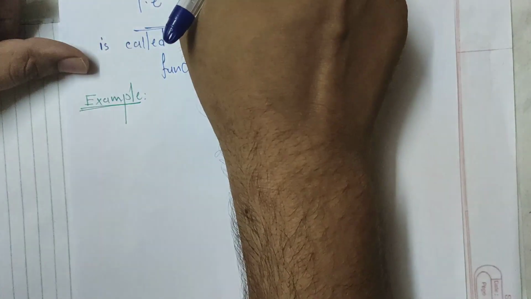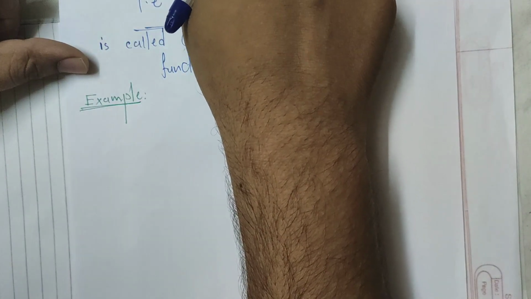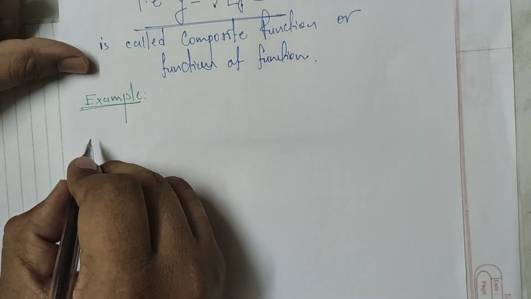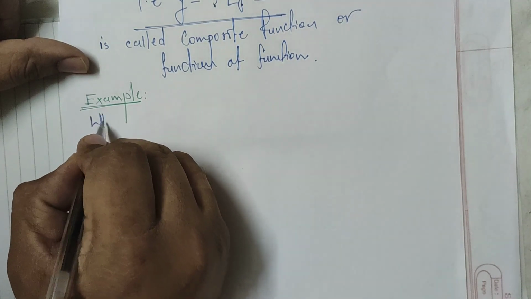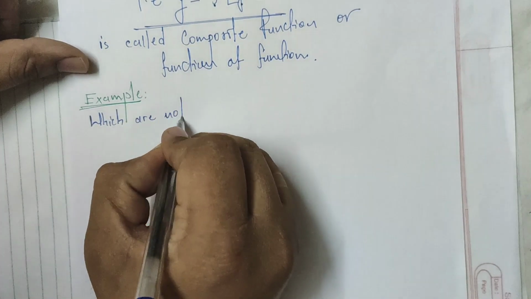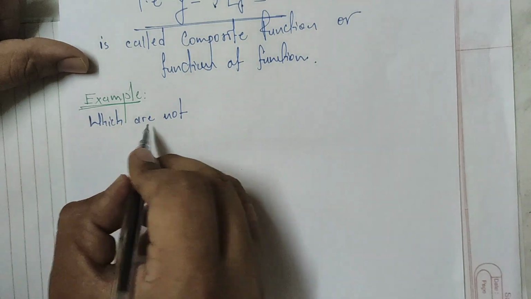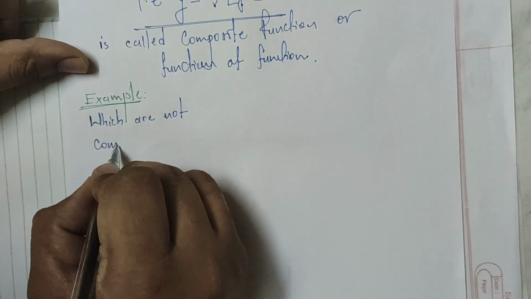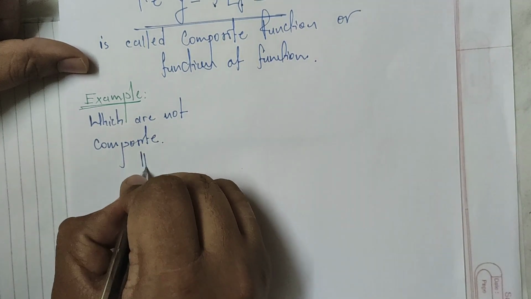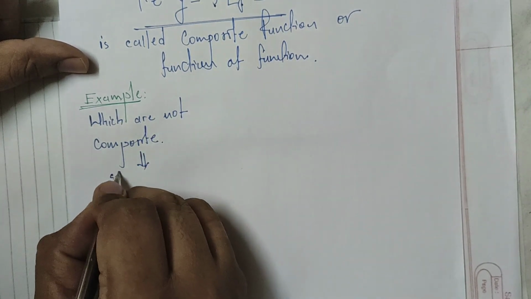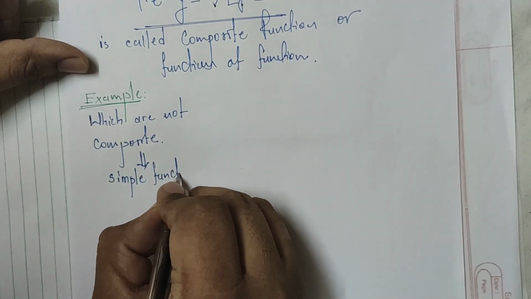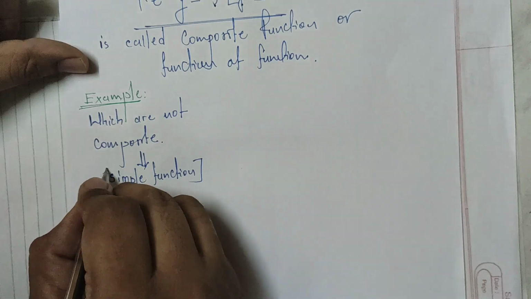First of all, we have to find composite functions, but first we find which are not composite functions, that is, which are just simple functions.